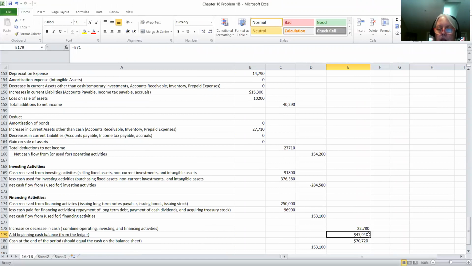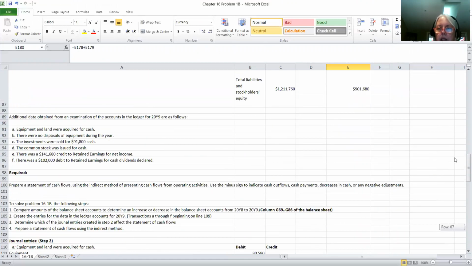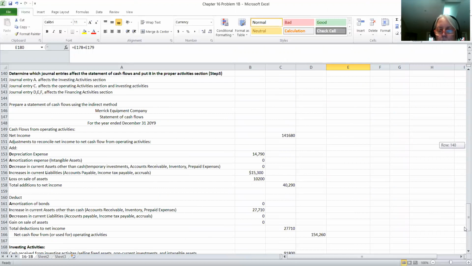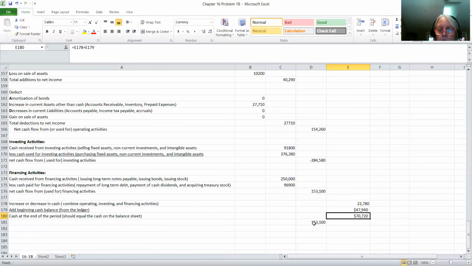If you add that to your increase in cash, overall, you're going to get a cash balance at the end of 2009 in the amount of $70,720. So this just reconciles what you already know.